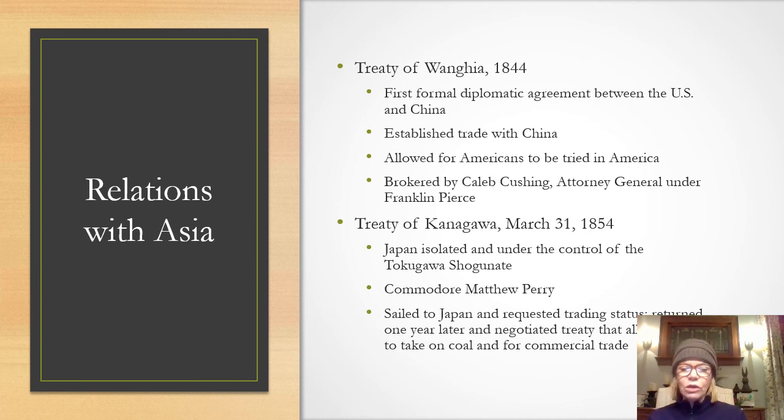Initially, it was just a coaling station where Americans could go and get coal to refuel, because the ships were powered by steam engines, and the coal was used to heat the engine so that you could get steam to power it. So you needed coaling stations around the world where you could refuel, otherwise you're just trapped.